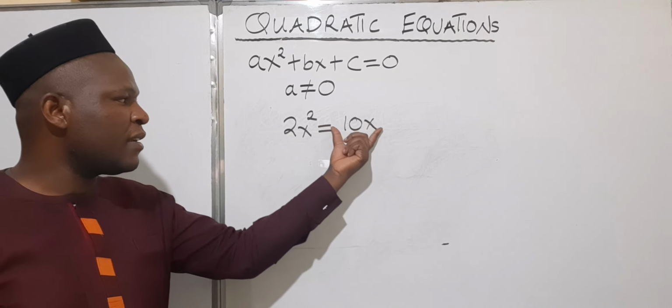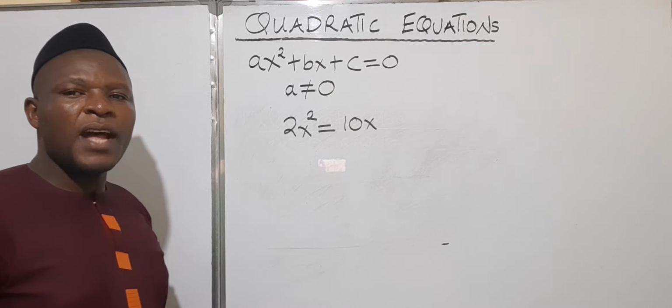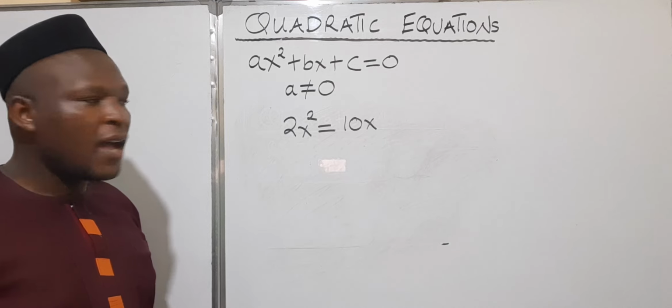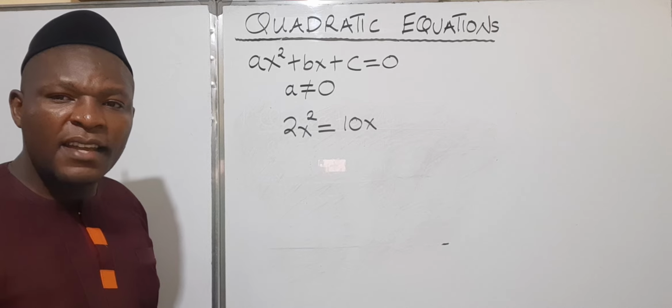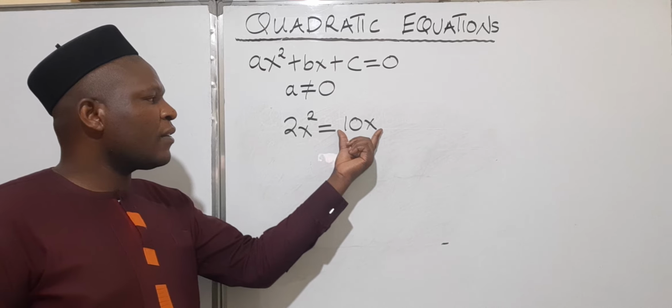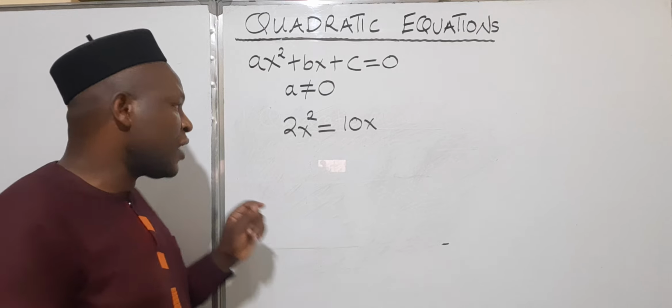And how do you bring the 10x to this side? You use the additive inverse. Some teachers, or some of us, say that for this number to come this side, the sign is going to change.